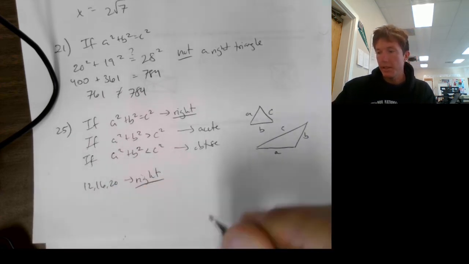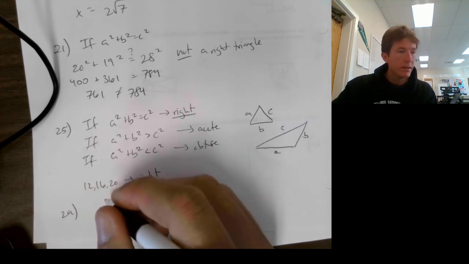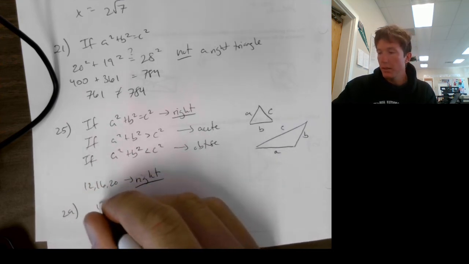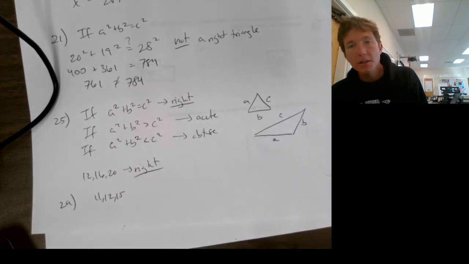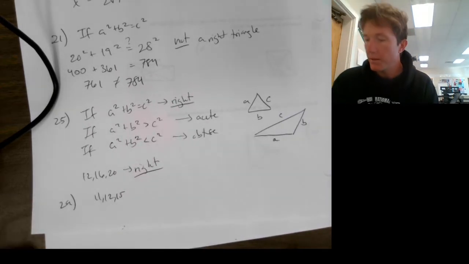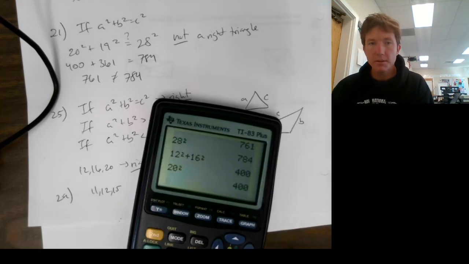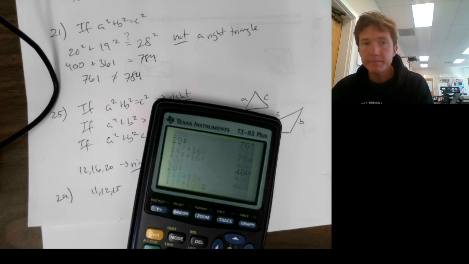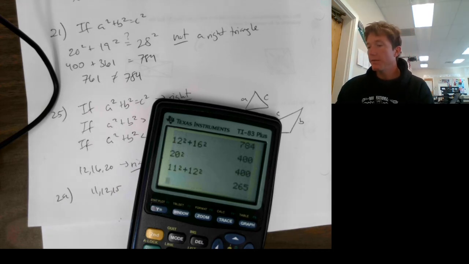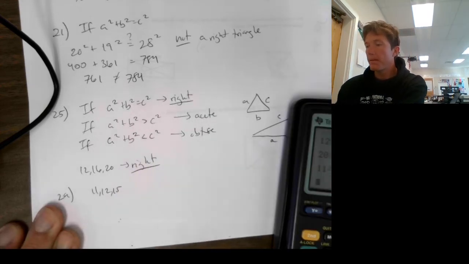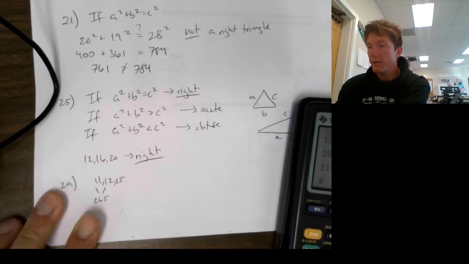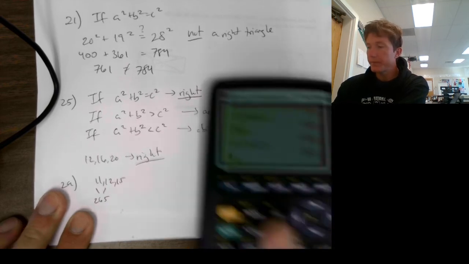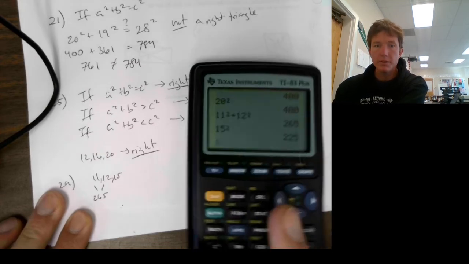Let's look at number 29. The numbers are 11, 12, and 15. My hunch says that this is acute, so I'm going to plug in some numbers here. 11 squared plus 12 squared is 265. 15 squared is 225.